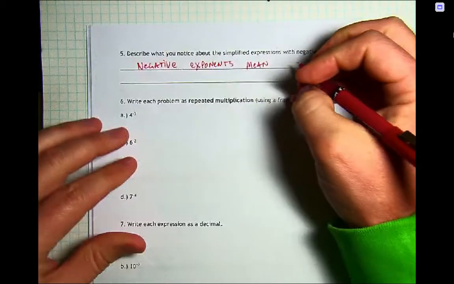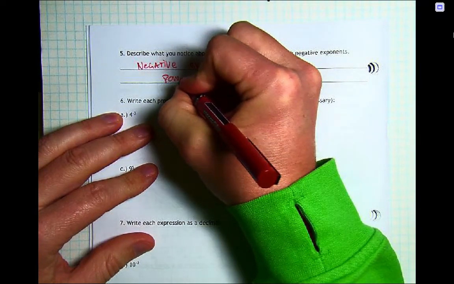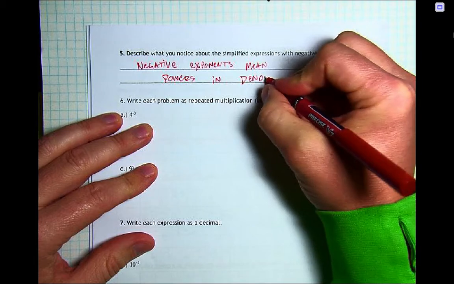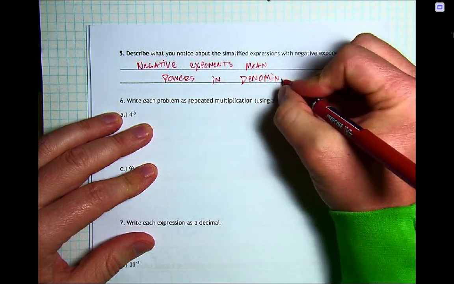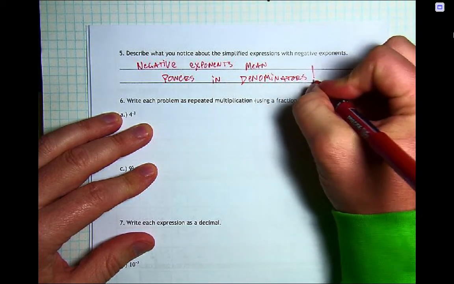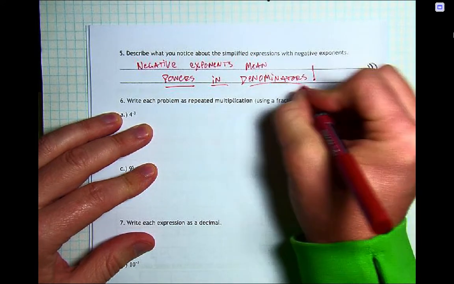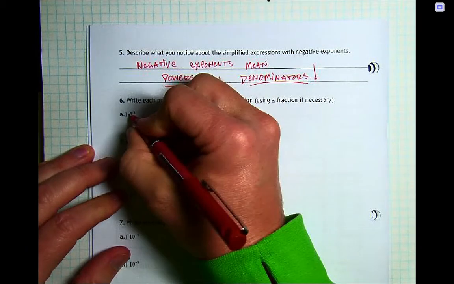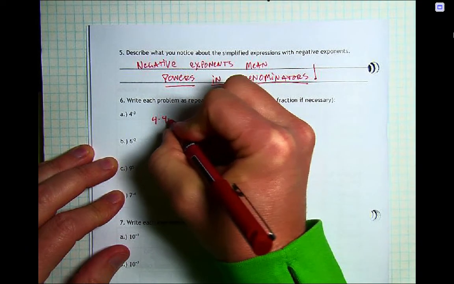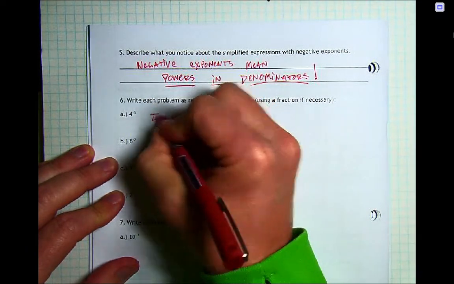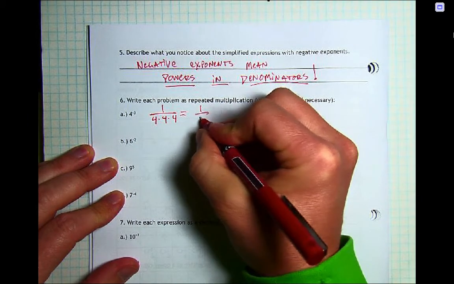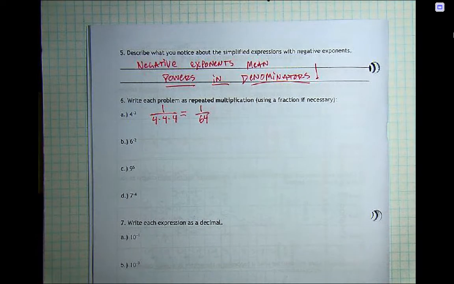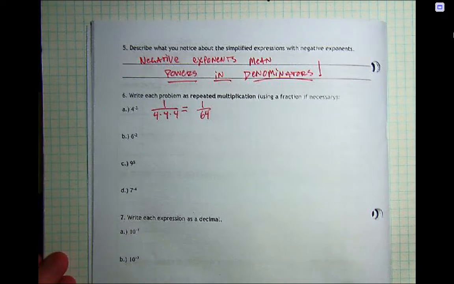Negative exponents mean powers in denominators. Powers in denominators. So what does 4 to the negative 3 power mean? That means you are going to do 4 times 4 times 4, but where are you going to do it? In the denominator.